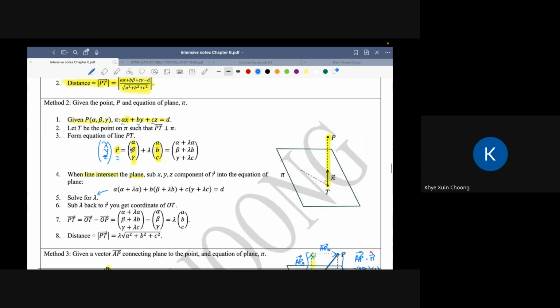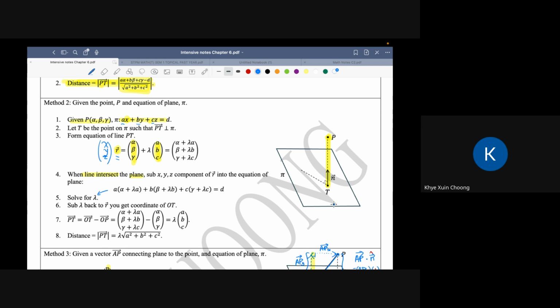Because the equation of r means any point along this PT line. It doesn't only lie along the PT line, it should be longer than the PT line, but along that line. Just now we solved for lambda. This lambda is for the position of a point along the line that intersects with the plane. So the point along the line that intersects with the plane is actually the coordinate T.